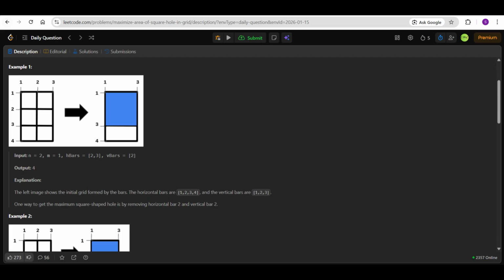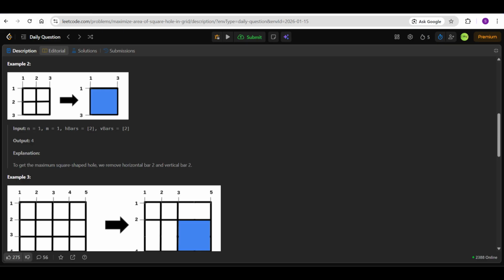Initially, all bars are present, forming small 1 by 1 cells. Now, we are allowed to remove horizontal bars 2 and 3, and vertical bar 2. One way to get the maximum square-shaped hole is to remove horizontal bar 2 and vertical bar 2. This merges adjacent cells into a 2 by 2 square, giving us an area of 2 times 2 equals 4. So, the answer is 4.